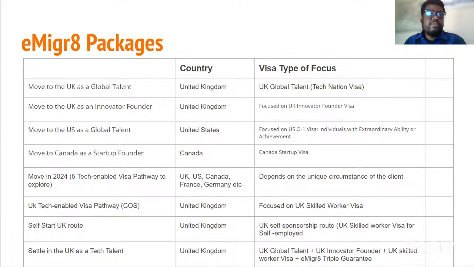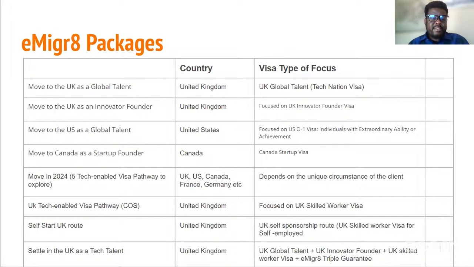We do have move to the US as a global talent, so you can look at this and take a screenshot. Any of those packages that you're interested in, we're here. We have coaches, we have resources, we have put out documentation, papers, and articles in the past that speak to them. We also have videos of previous sessions that speak to these packages, so you can take advantage of them.